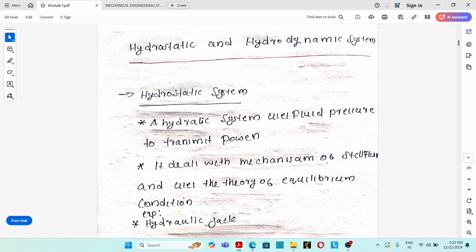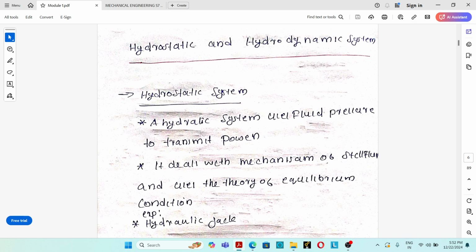So next is the hydrostatic system and hydrodynamic system. In fluid power, there are two systems, the hydrostatic system and the hydrodynamic system. The hydrostatic system uses fluid pressure to transmit power. So both hydrostatic and hydrodynamic systems use fluid to transmit power.